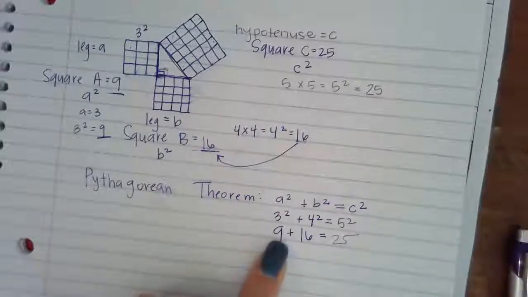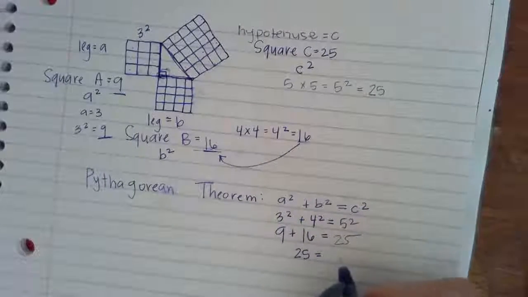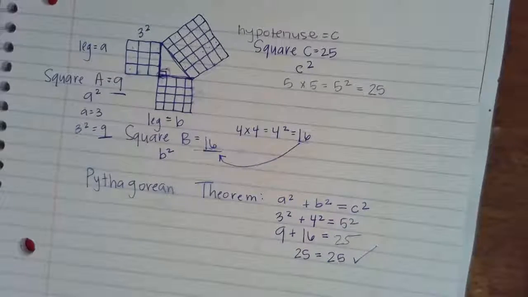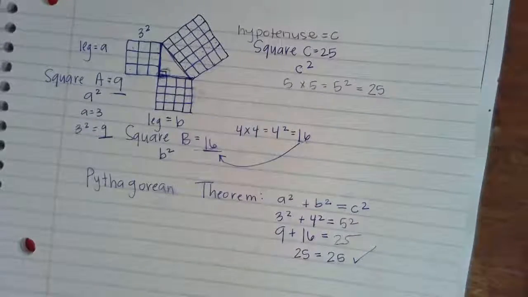And sure enough, 9 plus 16 is equal to 25. So we have 25 equals 25, which we know as a true statement. Therefore, this triangle here has to be a right triangle.